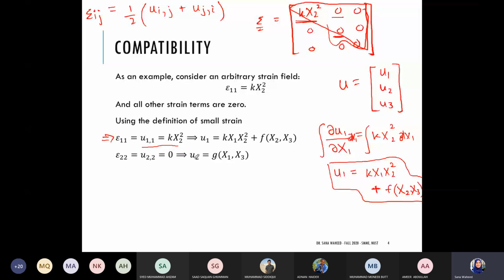And this time, because epsilon 22 is just 0, the integral of 0 is just some function of x1 and x3. That means there can't be any x2 inside it, such that when I differentiate this partially with respect to x2, I would get 0. Clear to everybody? This g is just a function of x1 and x3.